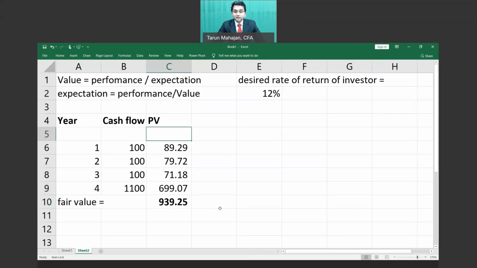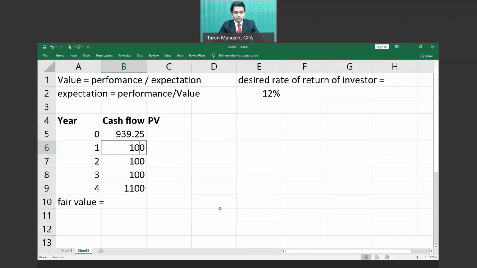I don't know the rate, so I'll have to do trial and error and interpolation. So like company will be receiving 939.25 rupees at year 0, and it will be paying 100 rupees of interest for each of the 4 years, and then it will be redeeming the bond at 1100 rupees.